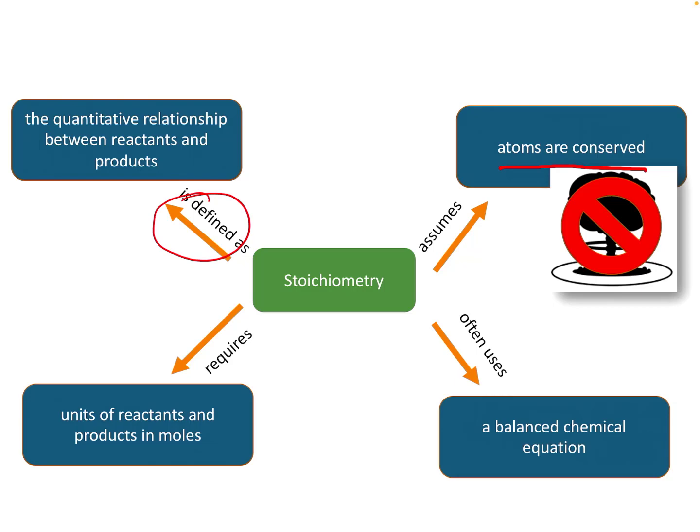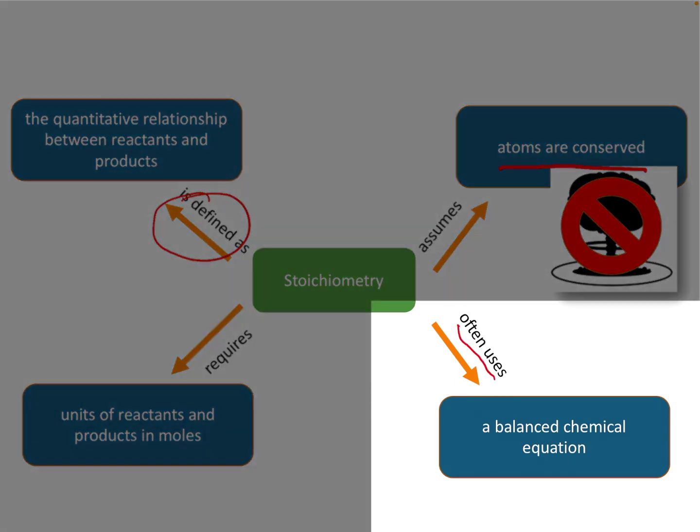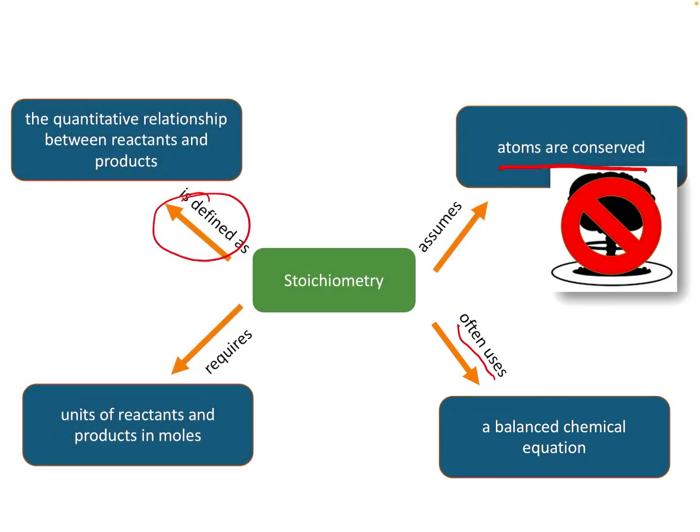We often use a balanced chemical equation for performing stoichiometry, although we are going to see a couple cases where it is not necessary to have a completely balanced chemical equation. In the first example, though, we'll take a look at the respiration of glucose. C6H12O6 is glucose.